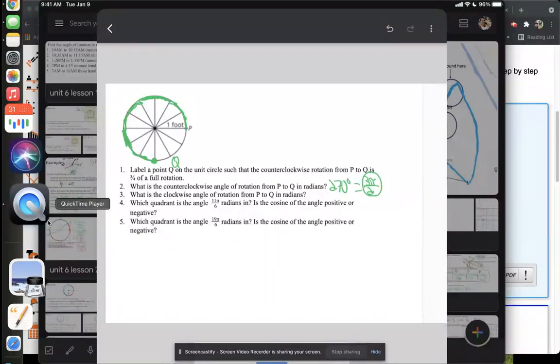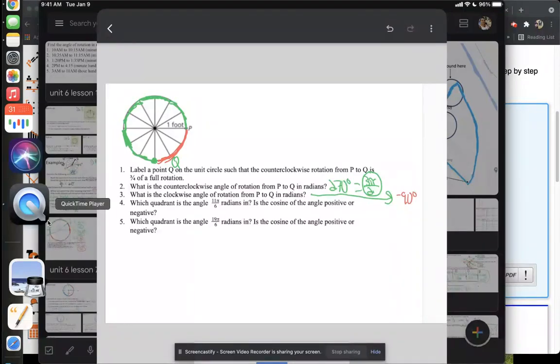Okay. Number 3, do this one over here. What is the clockwise angle of rotation from P to Q in radians? That would be if I went from P to Q, but instead of going counterclockwise, I went clockwise. So that would be 90 degrees in the negative direction, negative 90 because it's clockwise.